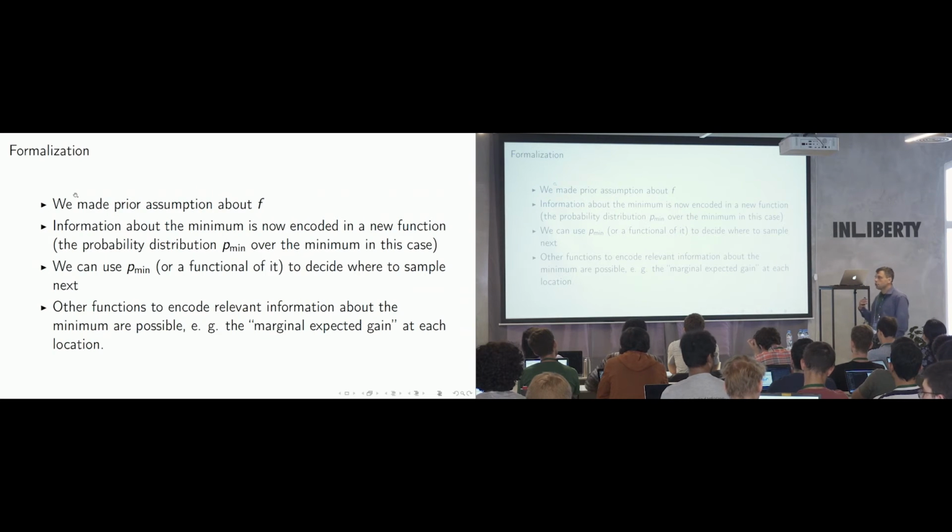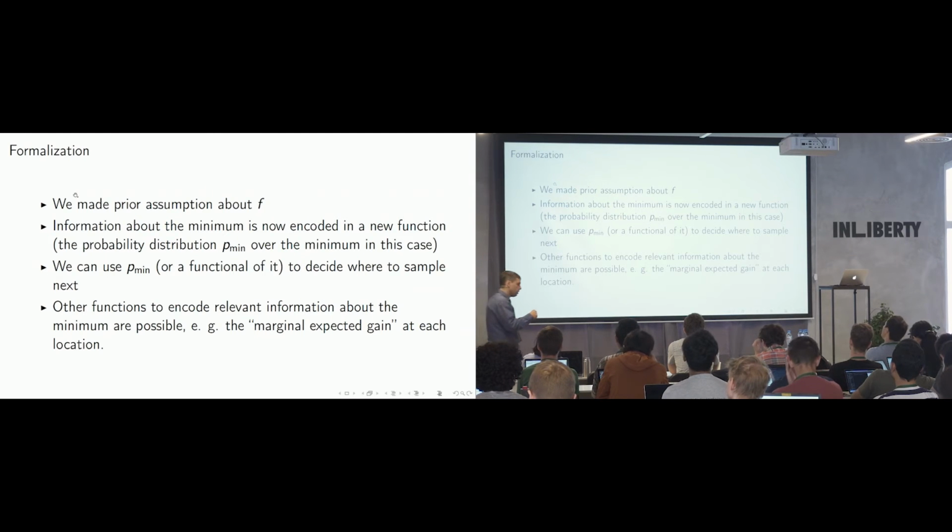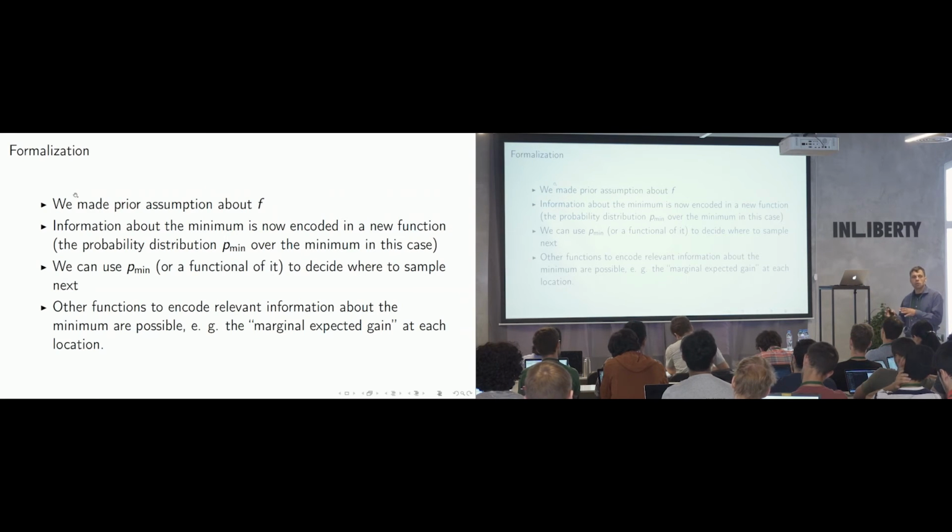We calculate the posterior distribution of the position of the minimum of the function given these observations, and then we iterate. And as soon as we calculate the posterior distribution of the minimum, we can sample around that possible position of the minimum value or some other extremum value of the function. And then we add these new observations to the sample and iterate.